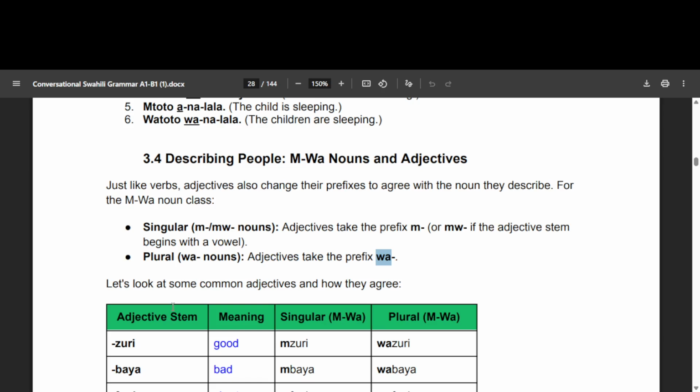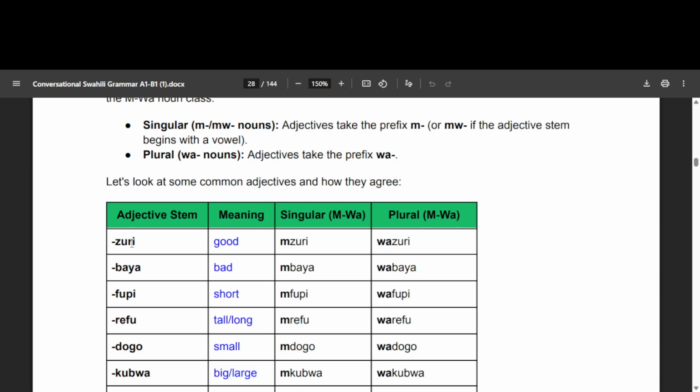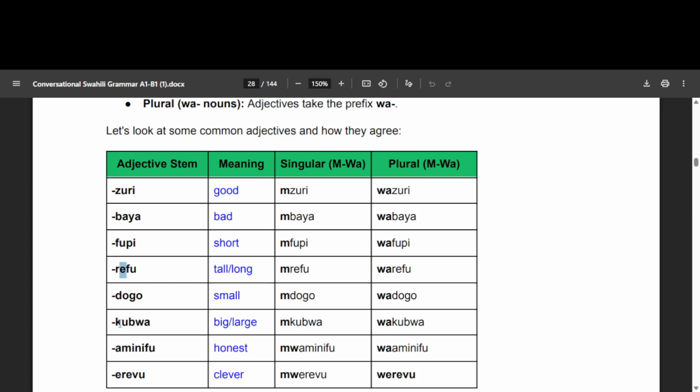Now let's go to the rule again. For singular Mu-A class nouns, the adjective takes M, or MW if the adjective stem starts with a vowel. In plural, the adjective starts with WA. Now, adjectives with consonants are here: zuri, baya, fupi, refu, dogo, kubwa.